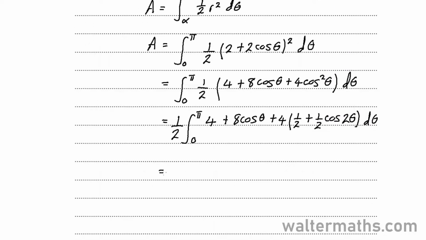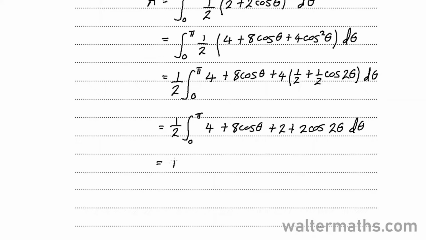So we continue, we have a half of the integral from 0 to pi of 4 plus 8 cos theta, and multiplying 4 into the bracket, we get 2 plus 2 cos 2 theta, with respect to theta.